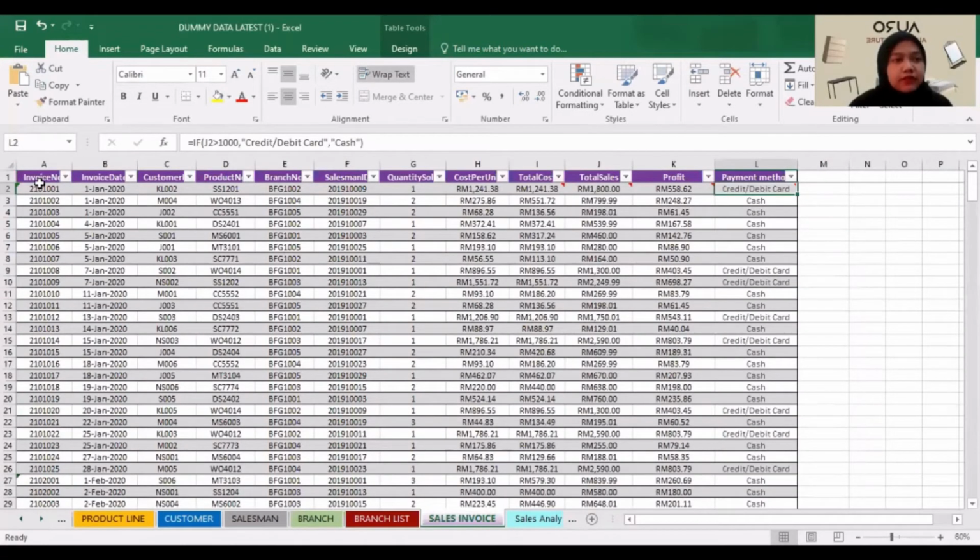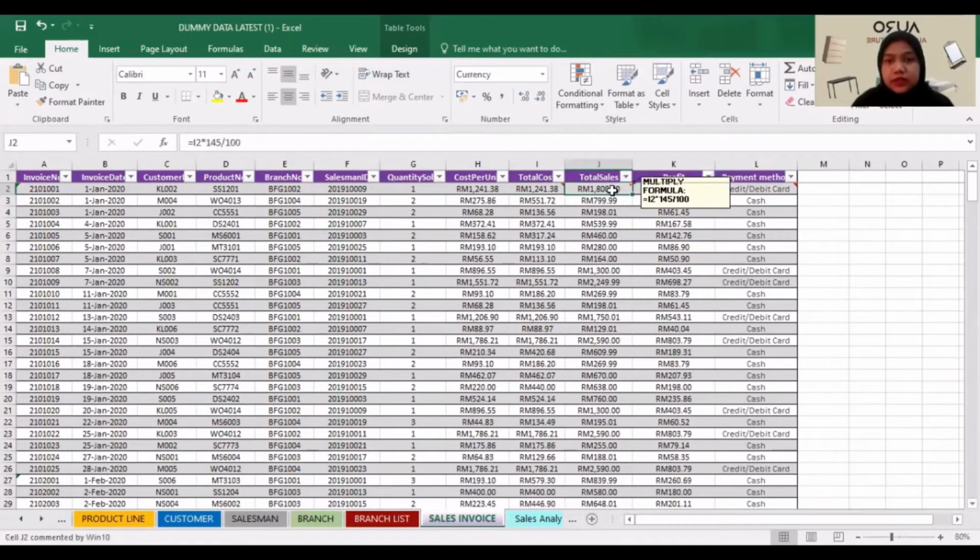In sales invoice, we have attributes of invoice number, invoice date, customer ID, product number, branch number, salesman ID, quantity sold, cost per unit, total cost, total sale, profits, and also payment method. To get the total cost, we use multiply formula, which is we multiply the cost per unit with the quantity sold.